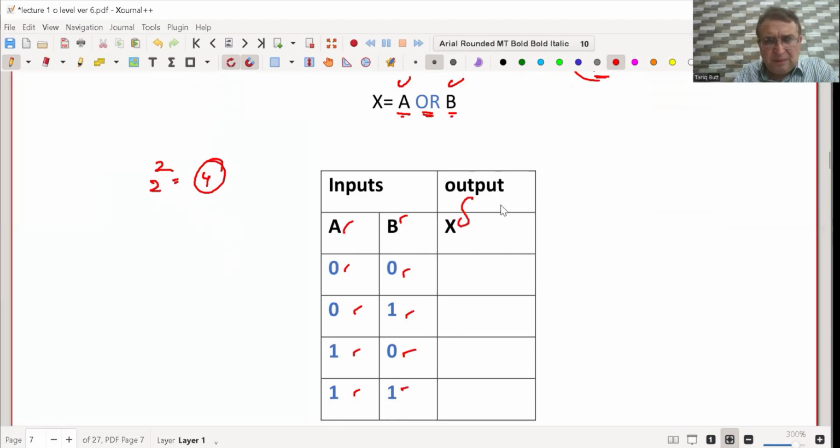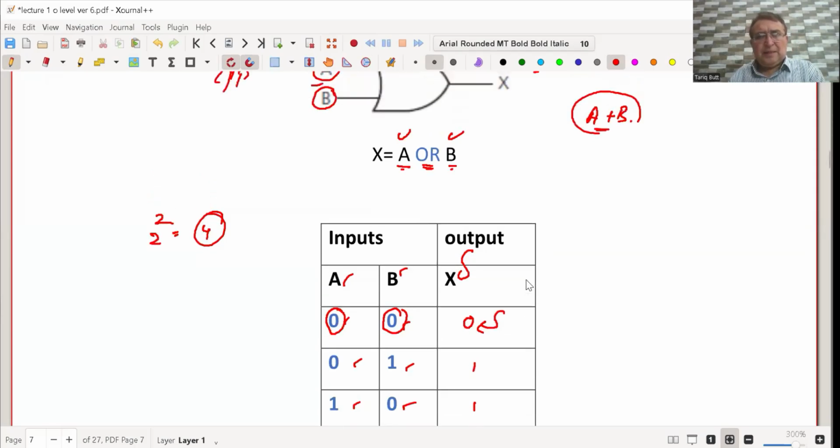Output is, for instance, labeled with X. So the principle of an OR gate is such that its output is low or 0 when both of its inputs are zeros. It means otherwise its output is 1. I mean, if either of the inputs is 1, the output is 1. This is as far as the truth table of an OR gate is concerned.